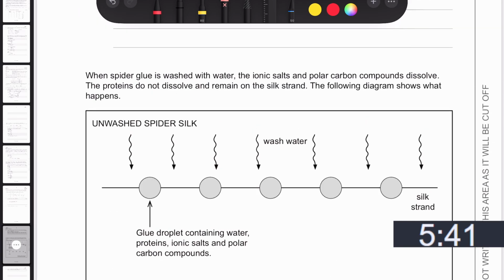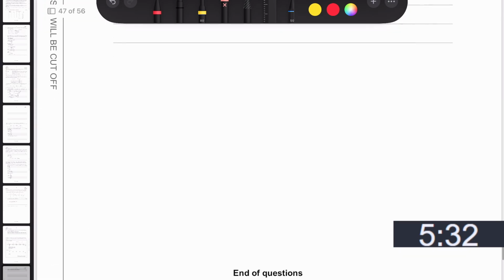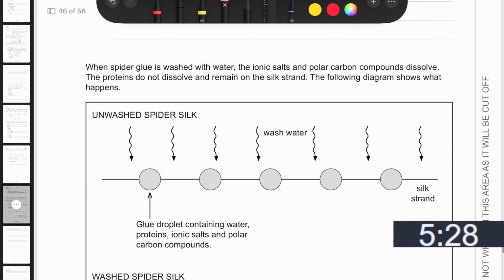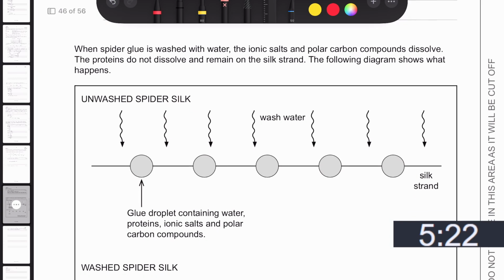When washing with water, ionic salts and polar carbon compounds dissolve. The proteins do not dissolve and remain on the silk strand. They dissolve in water, but the proteins do not. Okay, wait, is this the final question? You wash with water, the ionic salts and the polar carbon compounds dissolve. Proteins do not dissolve and remain on the silk strand.